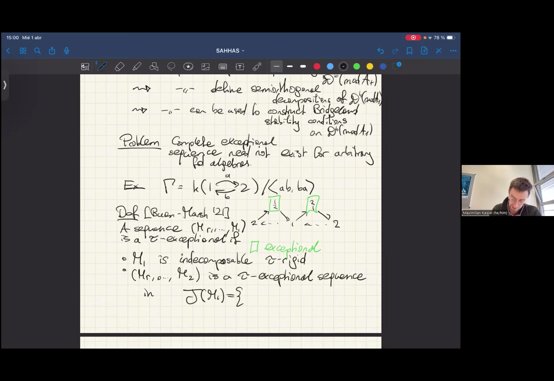This is the category of all modules X such that there are no non-zero Homs from M_1 to X, and there are no non-zero Homs from X to tau of M_1. So in some sense, they're tau rigid compatible.